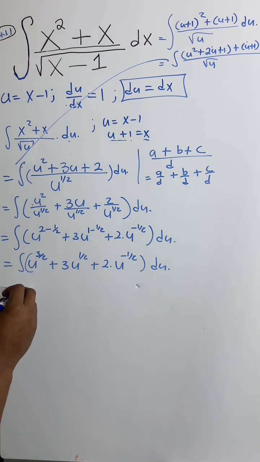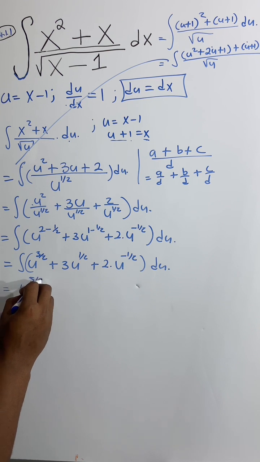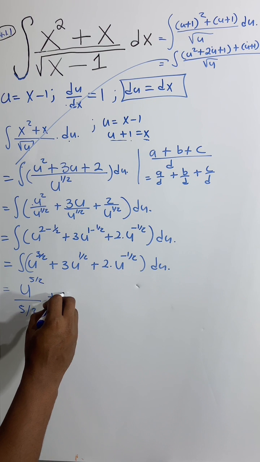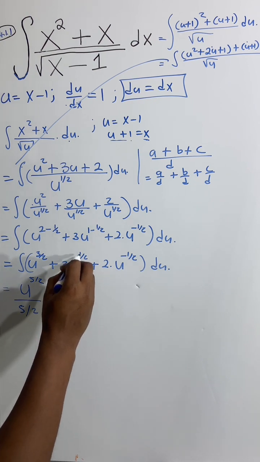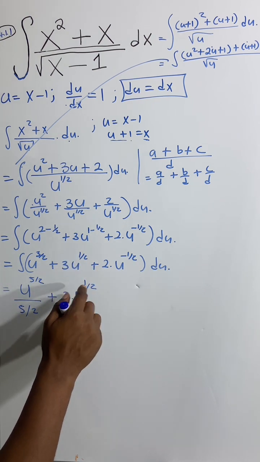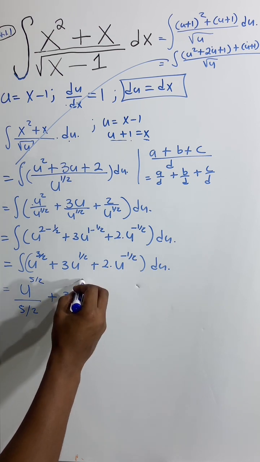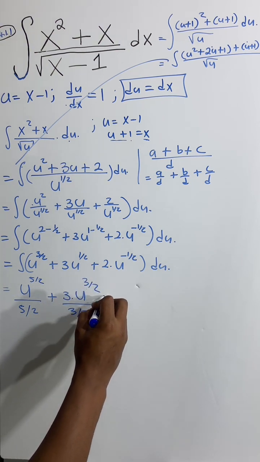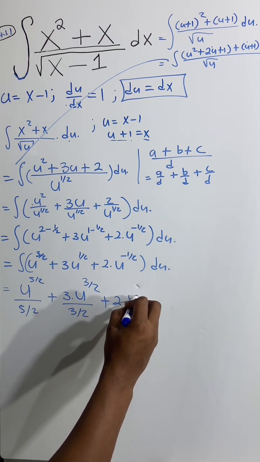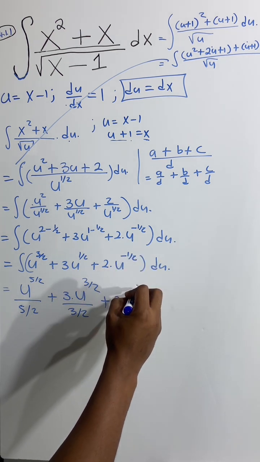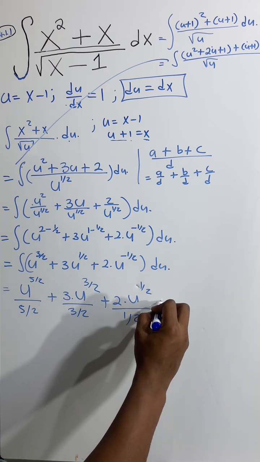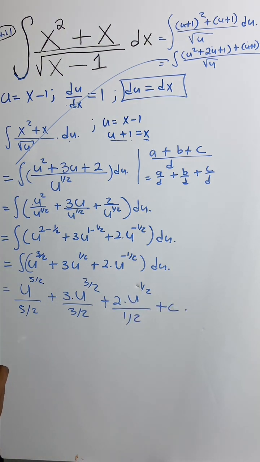Integrating u to the power 3 over 2, we get u to the power 5 over 2 divided by 5 over 2, plus 3 multiplied by u to the power 1 over 2 plus 1, which is equal to 3 over 2, divided by 3 over 2, plus 2 multiplied by u to the power negative 1 plus 1 is equal to 1 over 2, divided by 1 over 2, plus c.